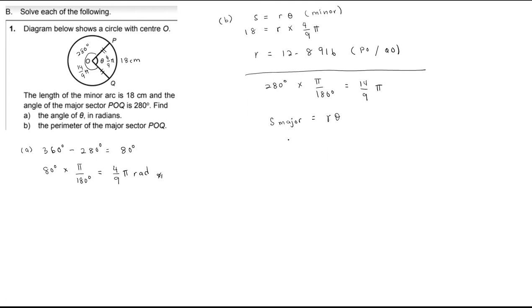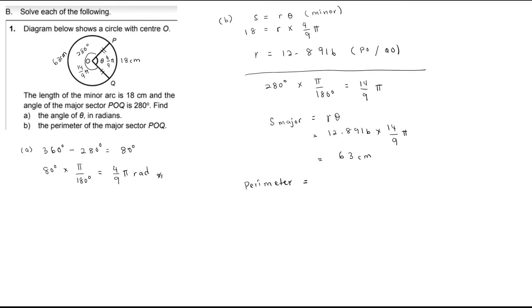As for the major sector, the radius is the same, so we can take 12.8916 multiplied by theta, which is 14 over 9 pi. And you will get around 63 cm as the answer.